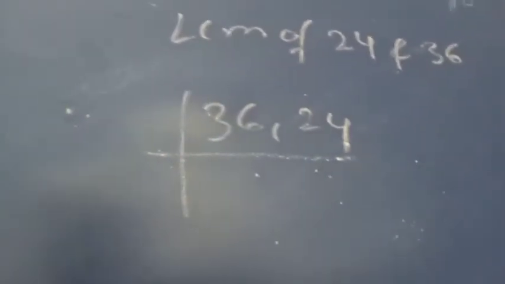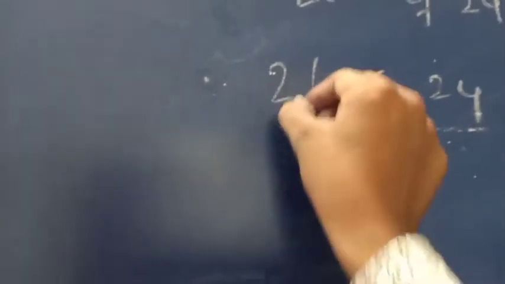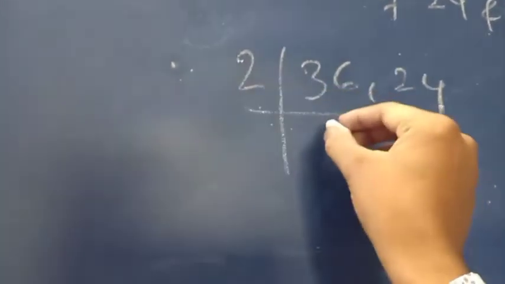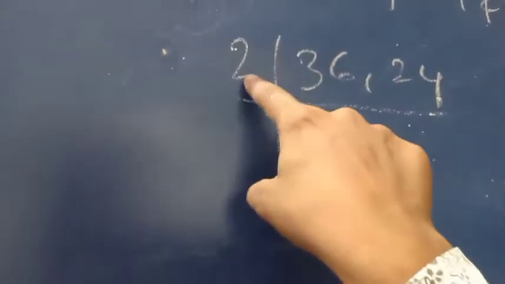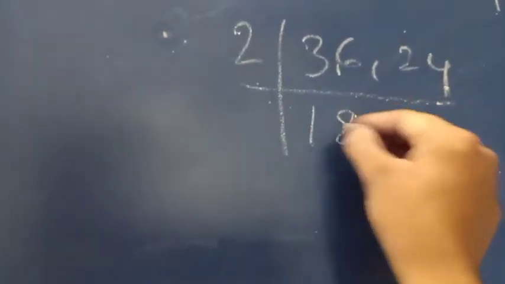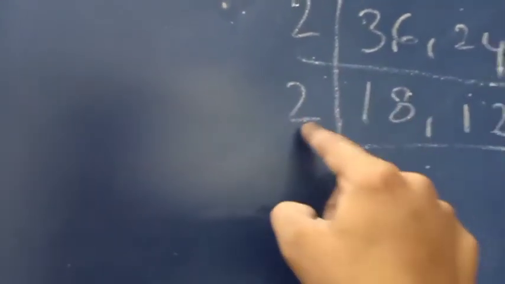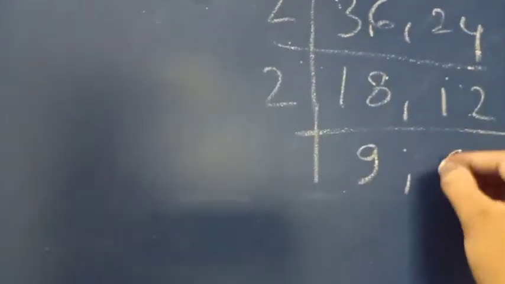Now LCM. How can we get the LCM? Now we do for 2. 2 1 ja 2, 2 1 ja 2, 1 carry 16, 2 8 ja 16, 2 1 ja 2, 2 2 ja 4. Again 2 9 ja 18, 2 6 ja 12.